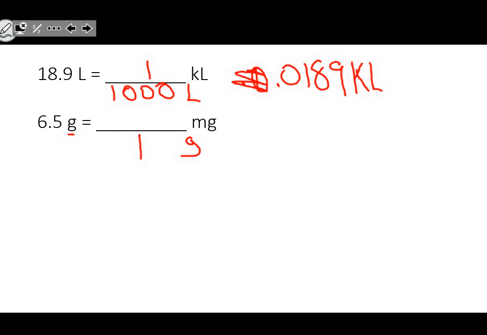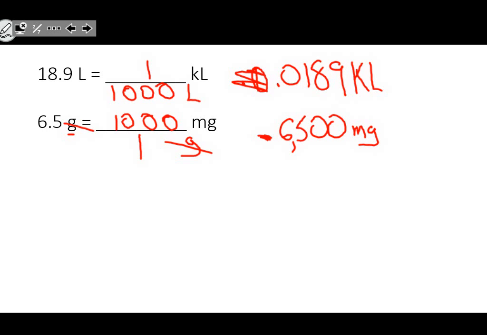Grams on the bottom, grams get the 1,000. So it should be 6,500 milligrams. Right? So we got 6,500 milligrams.